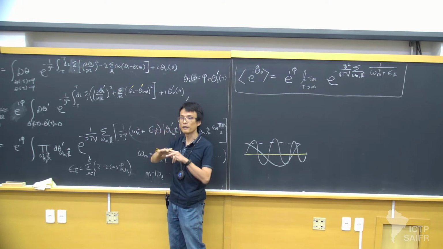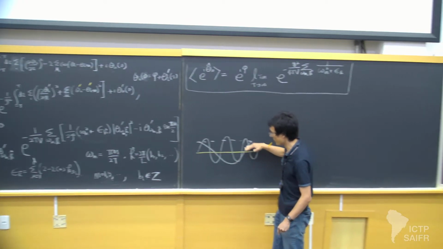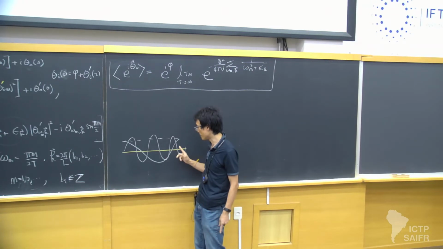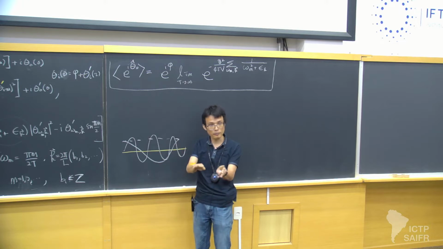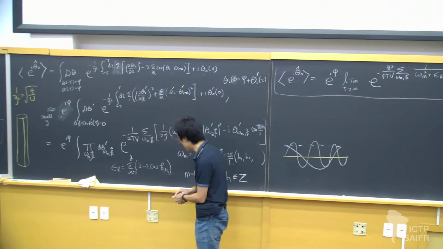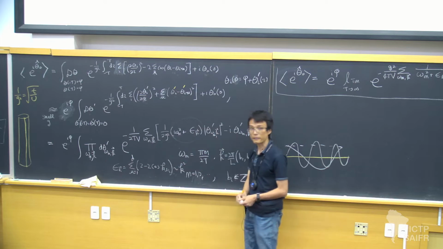So they are free. When you create a very long wavelength mode, the energy cost is non-zero, but it's small because the neighboring spins are almost perfectly aligned. There is very little gradient. So that is encoded in this equation, which goes as k squared in the small k limit.